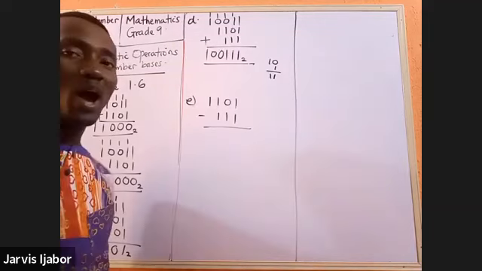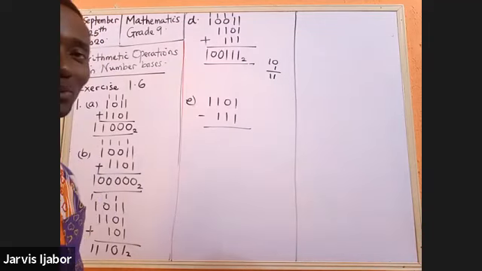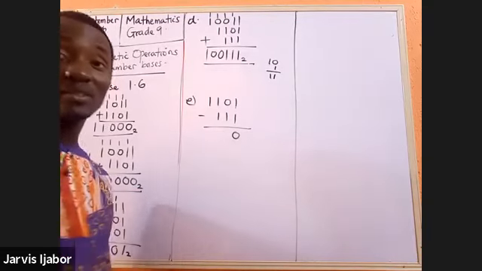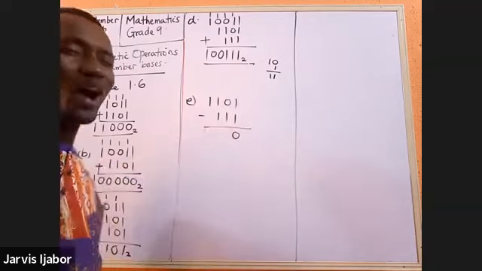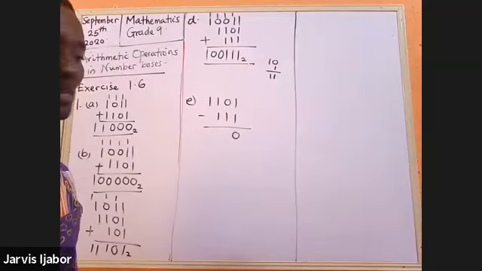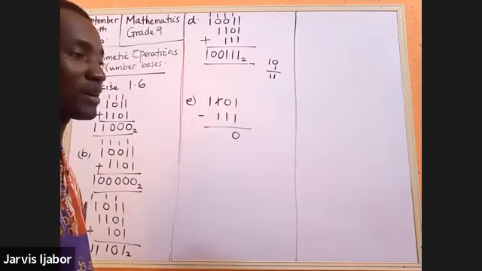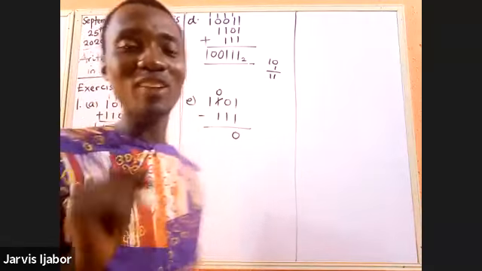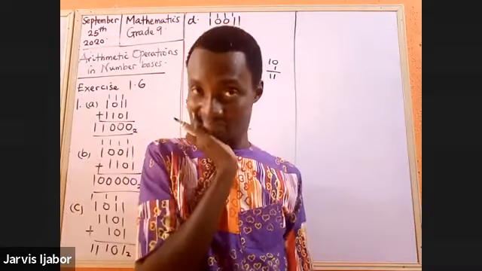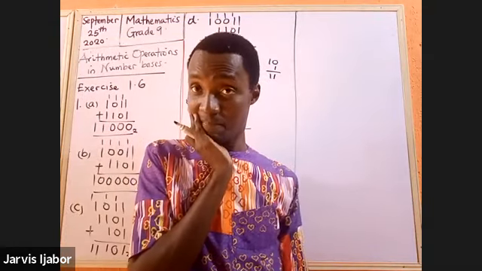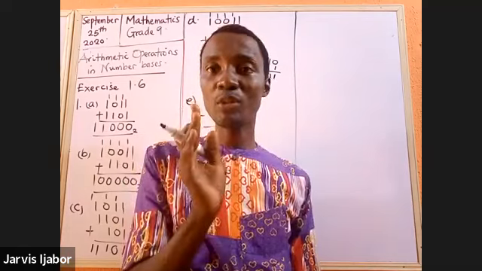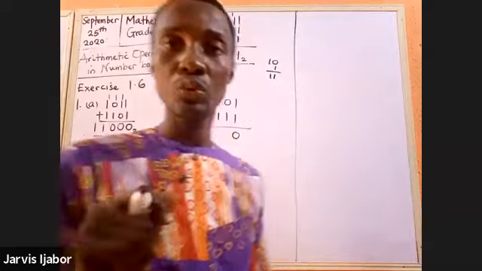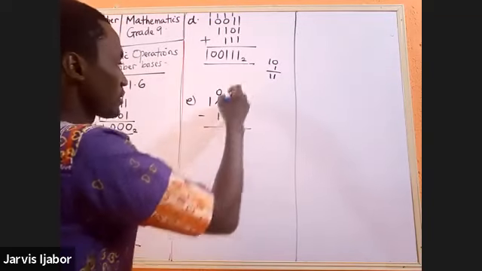1101 minus 111. How do you handle this? 1 minus 1 gives you what? 0. Is that not? 0 minus 1, it cannot. So you borrow from here. When you borrow from here, this will become 0. That 1 you have borrowed, because it is base 2, will be 2. Let that sink.